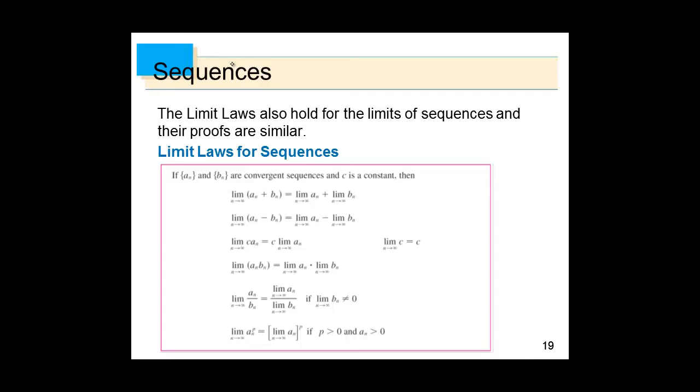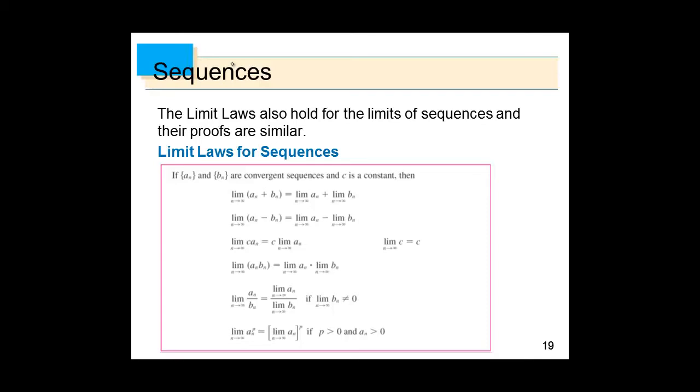The limit of the product of two sequences is the same as the product of the limits. And what's the limit of the ratio of two sequences? It is the ratio of the limits of the two sequences.